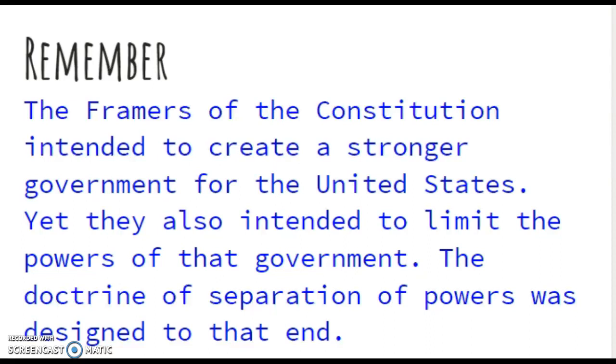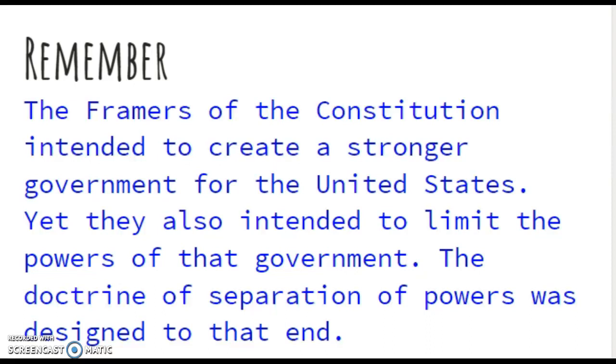Remember, the framers of the Constitution intended to create a stronger government for the United States, yet they also intended to limit the powers of the government. The doctrine of separation of powers was designed to that end. So under the Articles of Confederation, remember, it was a very weak government. It didn't work. Congress didn't have the power to tax, to raise an army, and so on. And so we had to create something that gave the national government a little bit more power, but not too much power.